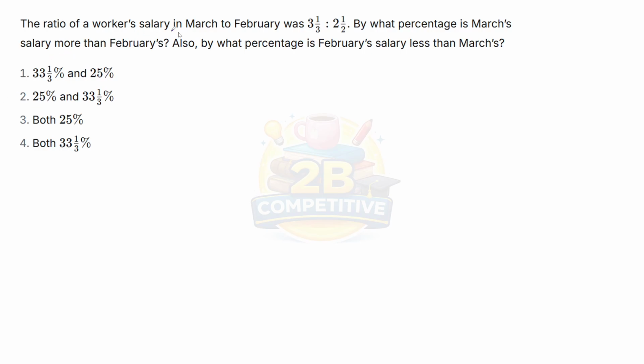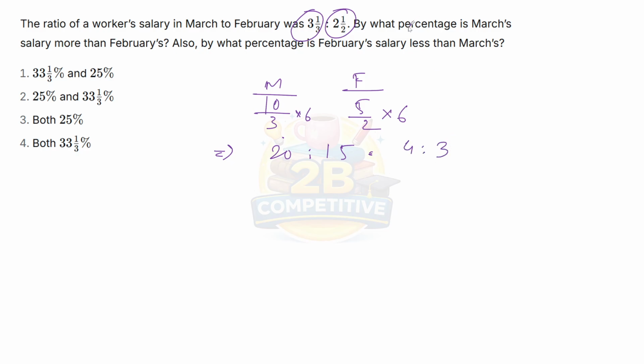Next one, the ratio of a worker's salary in March and February was 3 and 1/3 to 2 and 1/2. So March is 10/3 and February is 5/2. Simplifying this, multiplying both by 6, 20 is to 15, that means 4:3. Now it asks what percentage March salary is more than February.